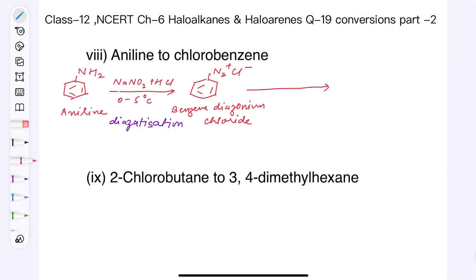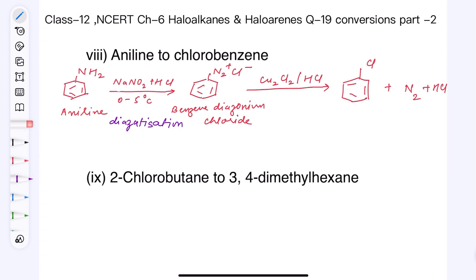Now this BDC actually gives a lot of compounds. So when it is made to react with cuprous chloride in the presence of HCl, you will get back chlorobenzene, where nitrogen is eliminated along with your HCl.